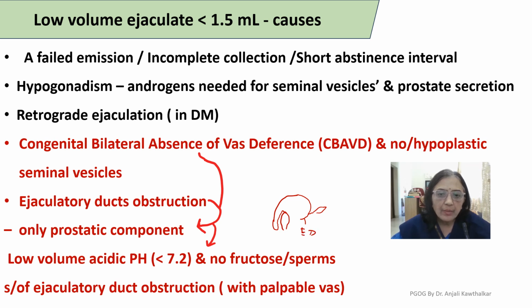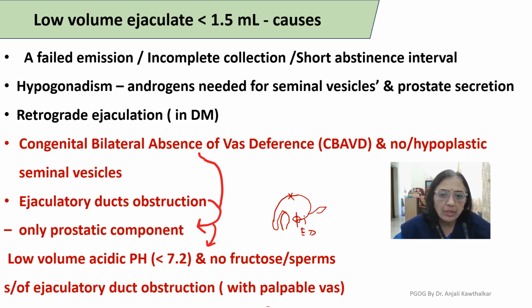So if there is bilateral absence of vas deferens, then also the main ejaculatory duct will be joining the urethra, and here is the prostate. So the prostatic component will only be present if either there is a complete absence of vas deferens, or this ejaculatory duct has an obstruction.